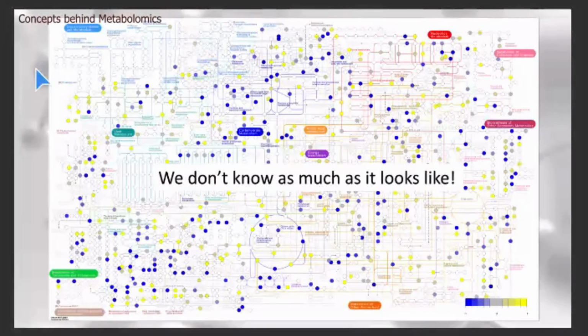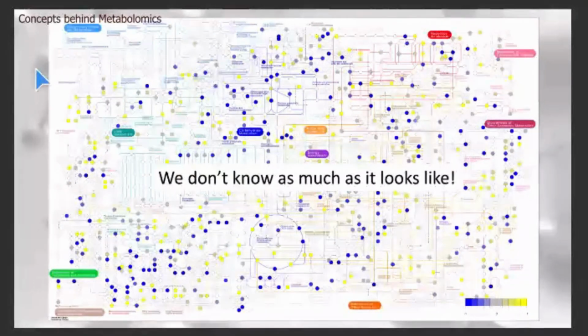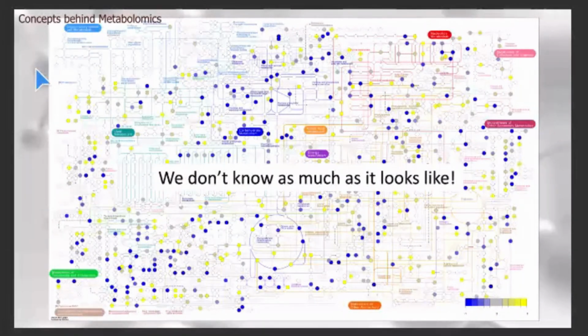As I'll go on to talk about later, you may look at these maps and think that it's extremely easy to chart a course for engineering or changing these pathways, because they appear to be so well connected, so well understood. But the reality is that we don't know anywhere near as much about these sorts of interactions as it might appear from charts like this.